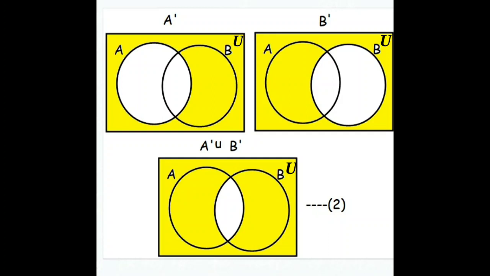And also B' = universal set minus B. So shading universal set except B. Then A' union B'.